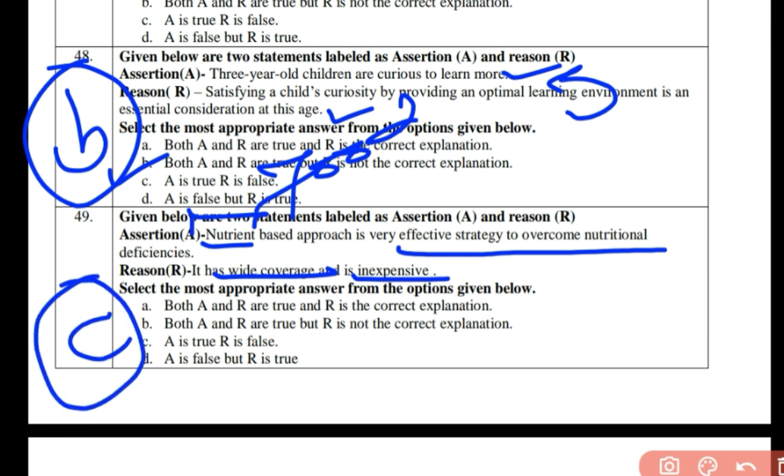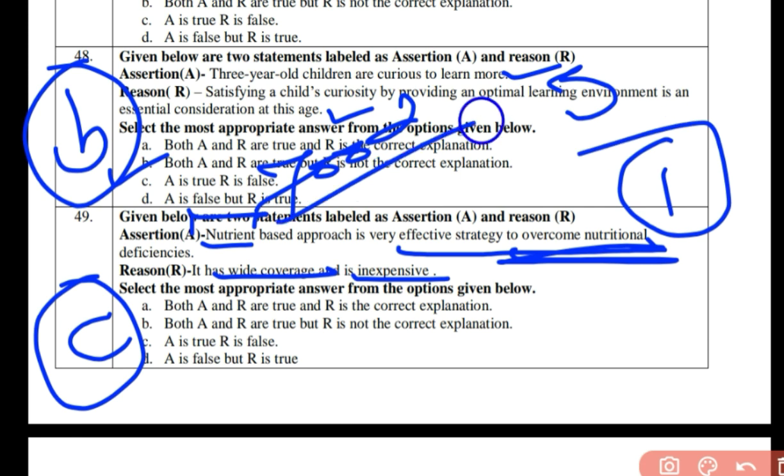Now tell me, is it correct? Yes, obviously, because the nutrient based approach is effective to overcome nutritional deficiencies when we are talking of any one nutrient, and food based approaches are very effective when we bring about behavioral changes in the society, and that is why they help a lot. So here A is true, but R is false, and when R is false, obviously the reason is incorrect.